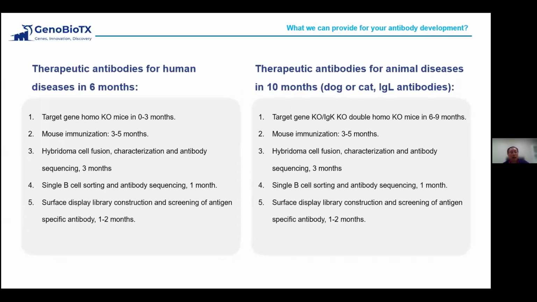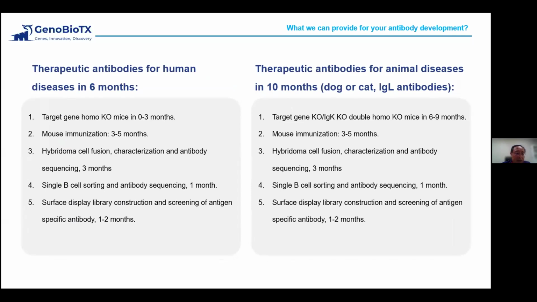So for those knockout mice, we can provide therapeutic antibodies for human disease in 6 months. This is a very short timeline for therapeutic antibody for human disease. We can provide the target gene knockout mice in 0 months right now, since we have a lot in stock, or 3 months using the new technology.